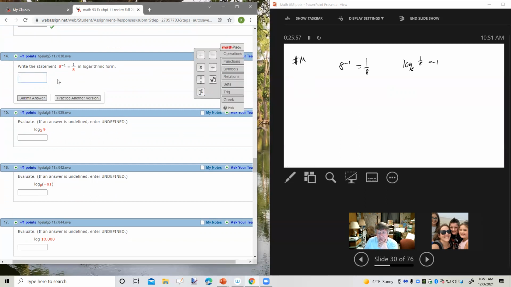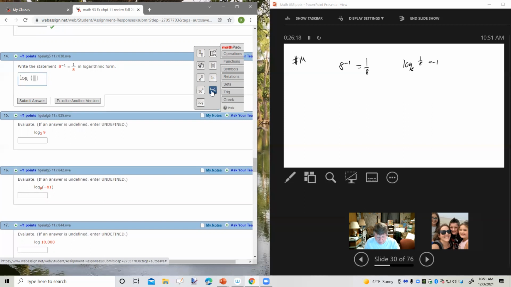So I've got to find the log. Let's see here. Functions, symbols, relations, sets, trig, Greek. I went past it. So I need this one, log base 8 of 1/8.